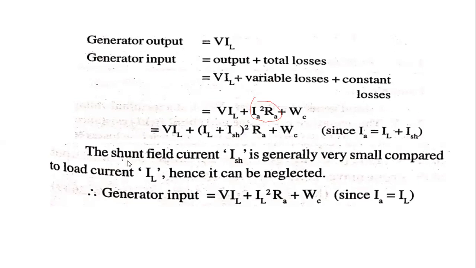This armature copper loss depends on the load current, since it is IL square RA, that is, square times the load current. Therefore the variable losses increase depending upon the load current. With ISH replaced with 0, the input is VIL plus IL square RA plus WC.